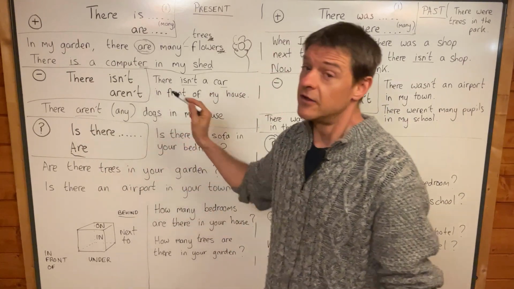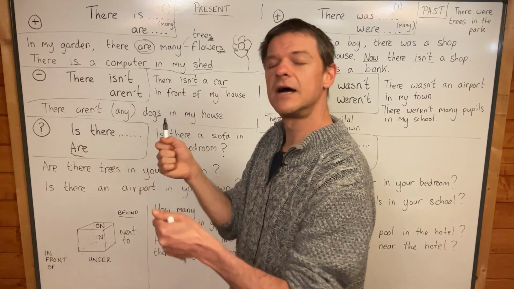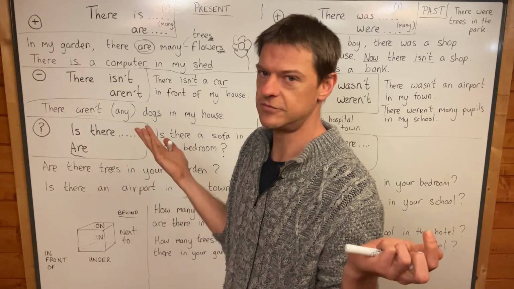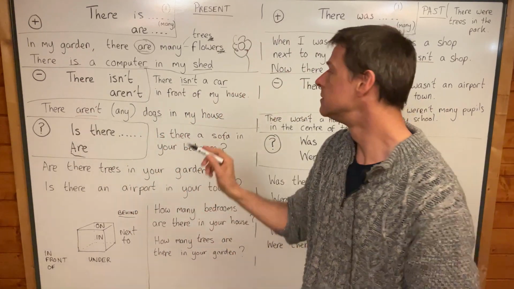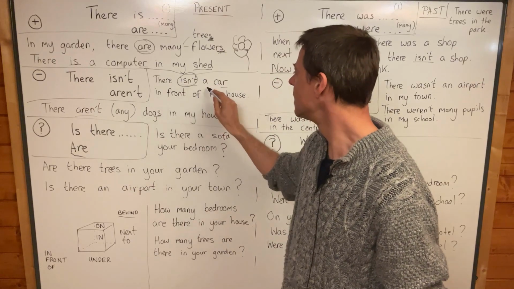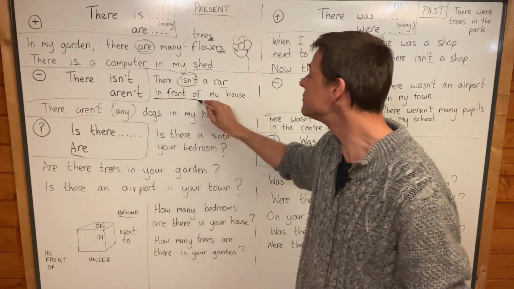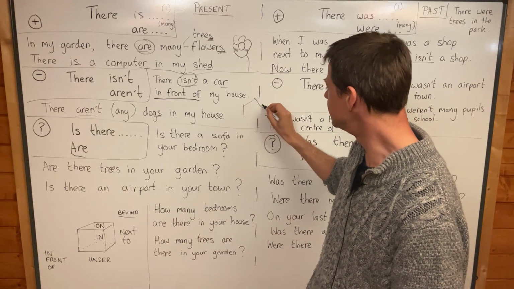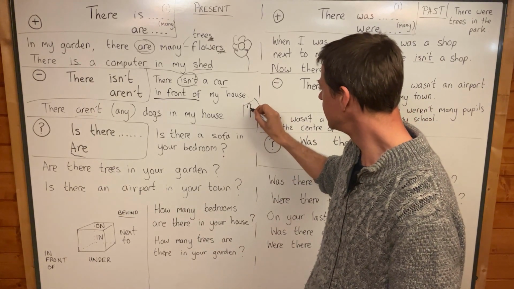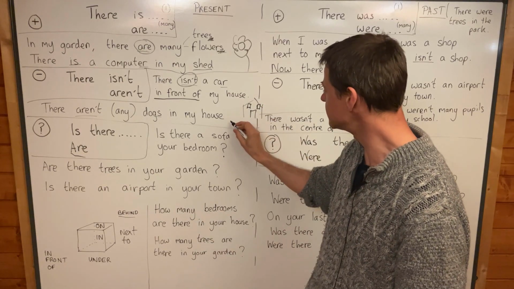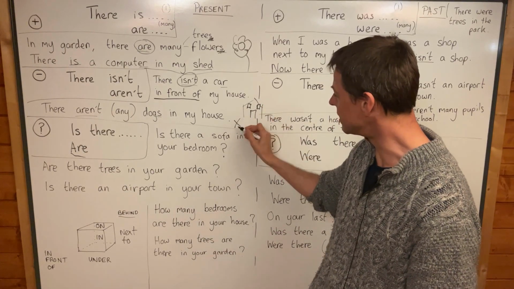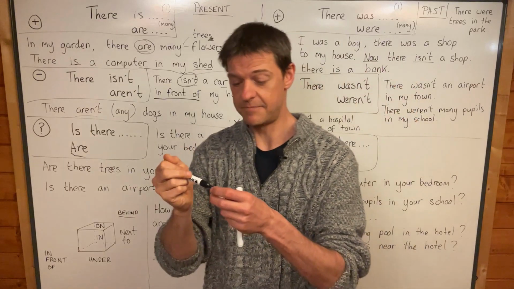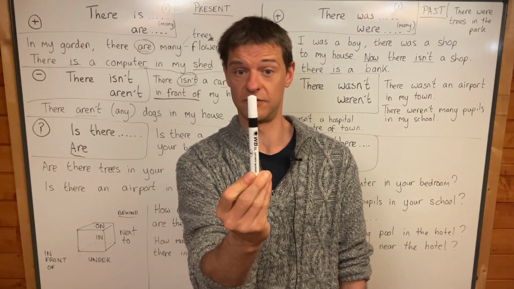Okay, you remember, I don't drive. So, there isn't a car in front of my house. If this is my house, in front of means here. This is in front of my house. My pen is in front of me.